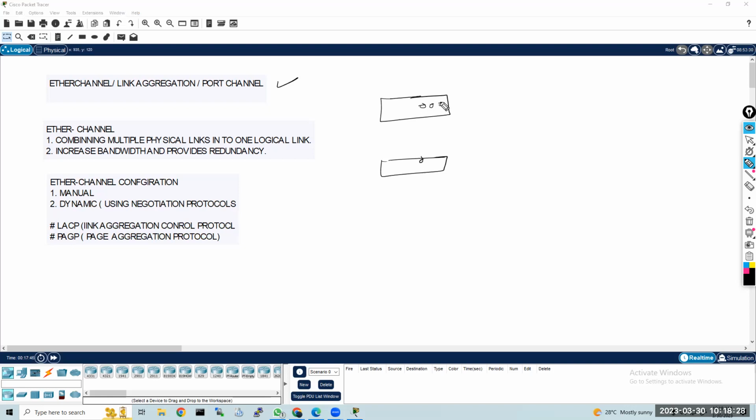We will connect the ports like this and bundle them. This is called bundling all the physical links. You can see, right? Combining multiple physical links into one logical link is called your Ether channel.